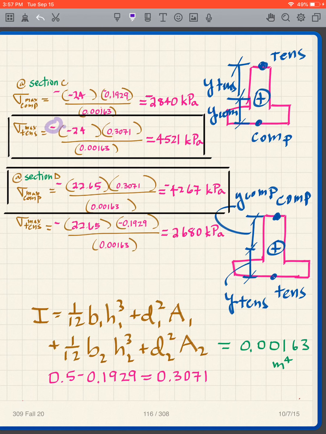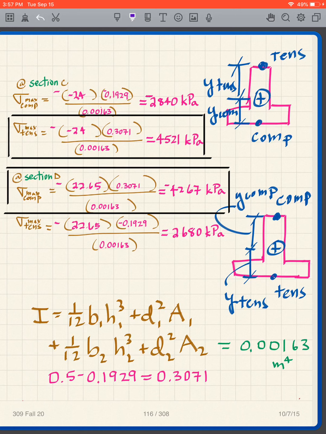I have negative, negative. That means I have positive here. So there's the answer for that one. I have negative, so that gives me a negative there. I have negative, negative, gives me a positive there.